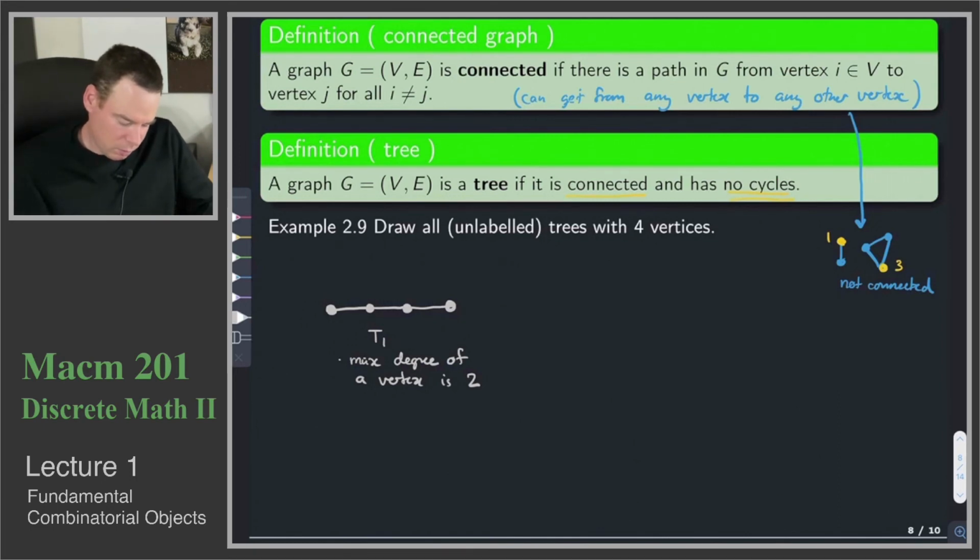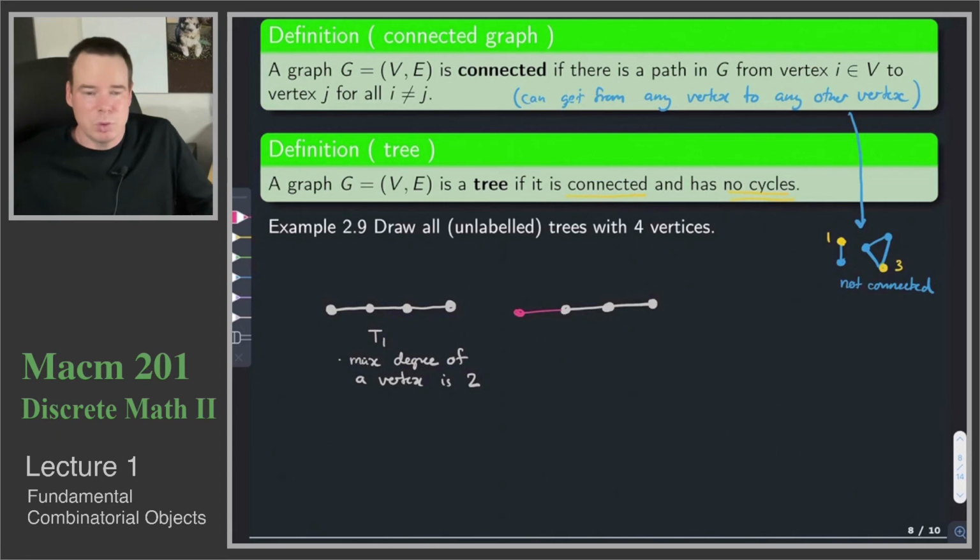Maybe I'll try to do another one. I'll start with that same underlying structure of 3 vertices with the 2 edges like that. Now I've got another vertex I want to add into the mix. I've already looked at the example where I connected that vertex on the end there, so I won't look at that one because I've already counted it. Maybe I'll add this one in red. Why don't I connect it to that one? Well, because it's unlabeled, these 2 diagrams are exactly the same.